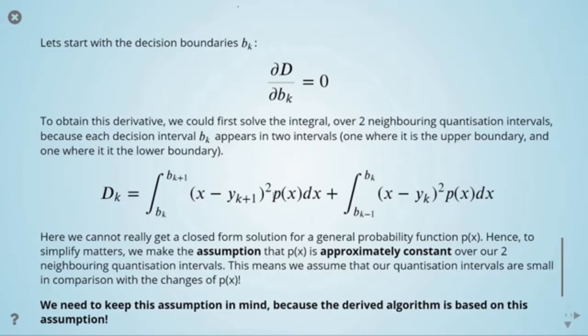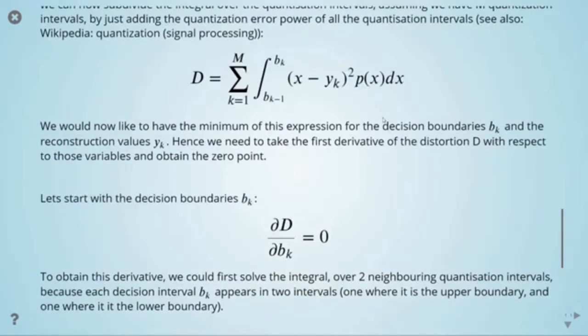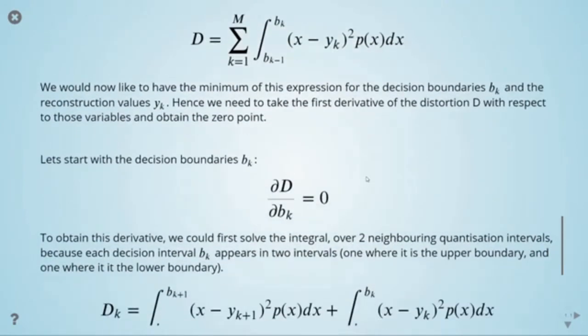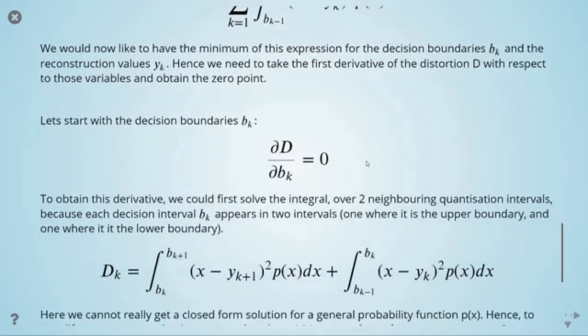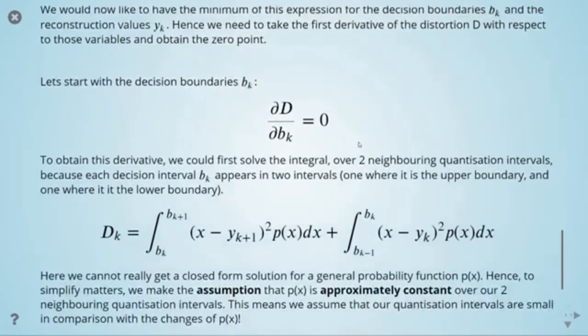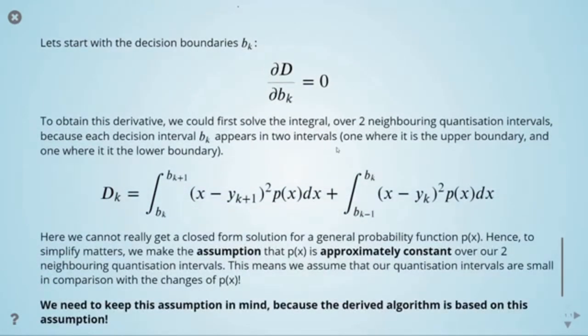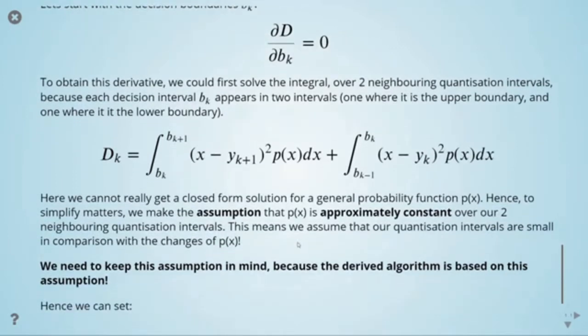Therefore, when we don't have a closed form solution for a general probability function p of x, we will assume that it's approximately constant over the two neighboring quantization intervals. We're solving the integral over two neighboring quantization intervals, and we're assuming that the probability function is constant over them.